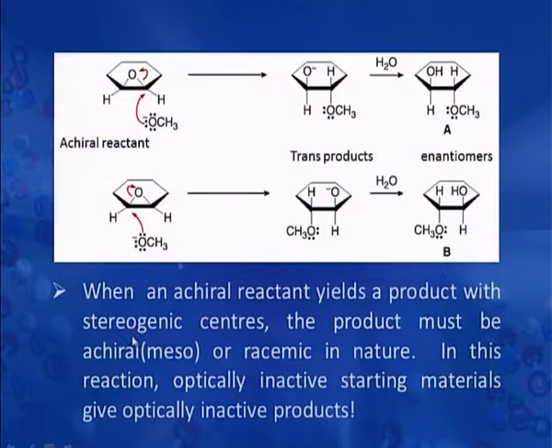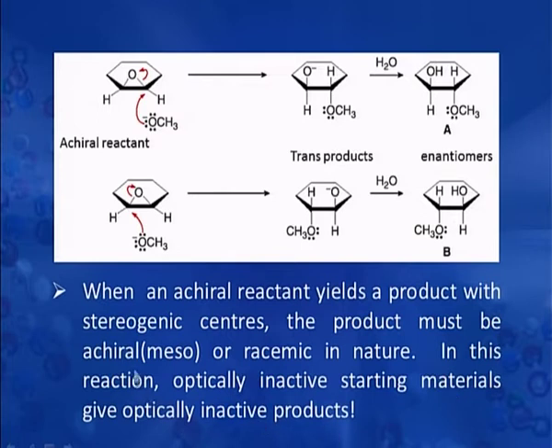Now, when achiral reactants yield a product with a stereogenic center, the product must be either meso or a racemic mixture. In this reaction, optically inactive starting materials give optically inactive products.